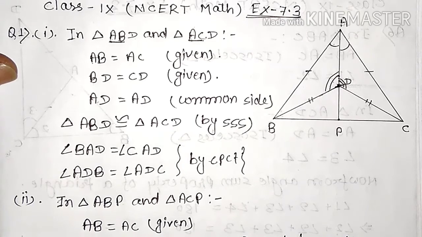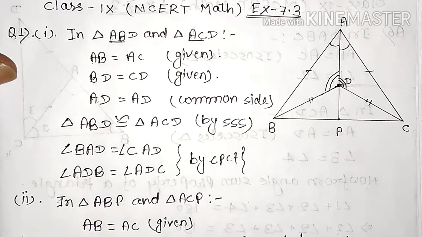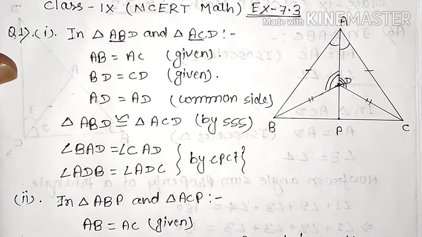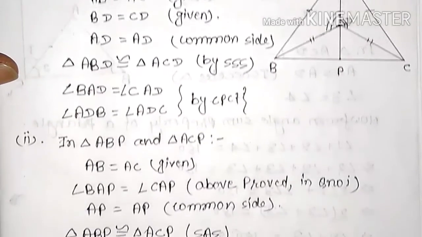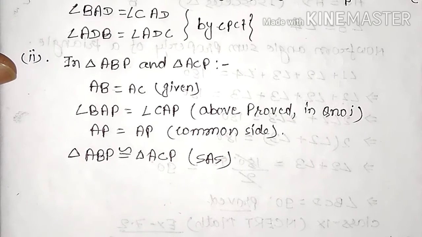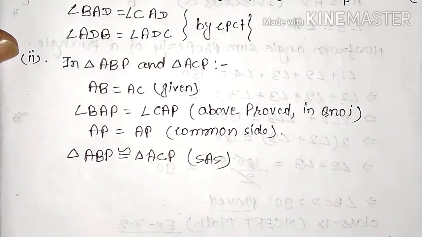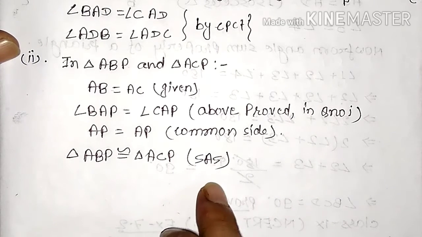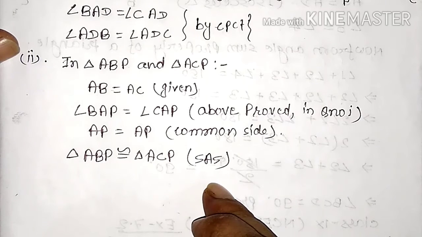So we can say that triangle ABP is congruent to triangle ACP by which congruency theorem? Side angle side congruency theorem.